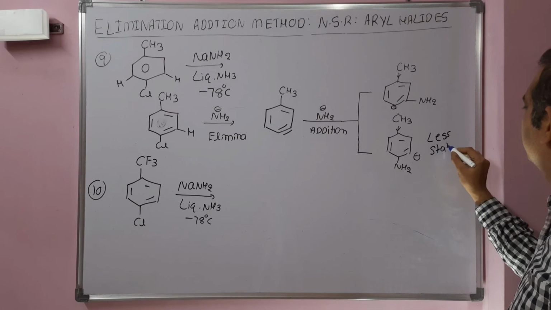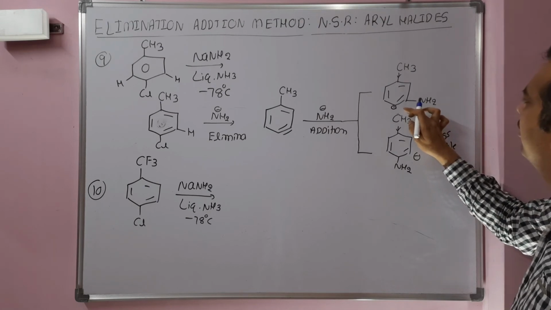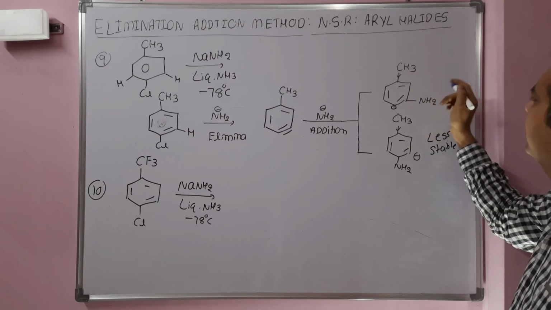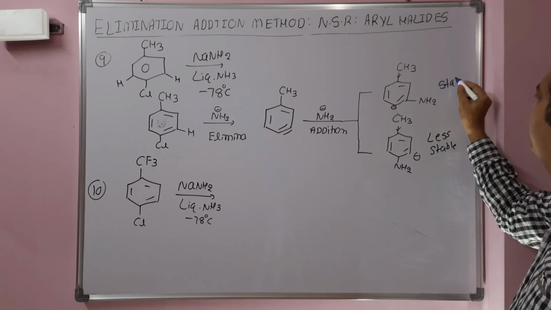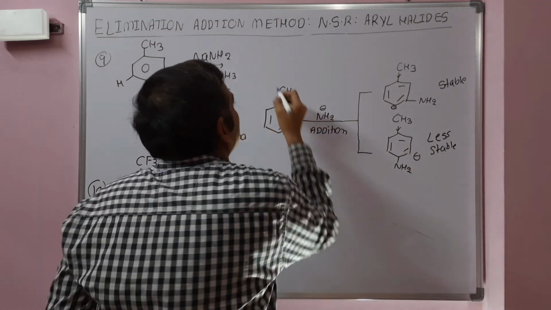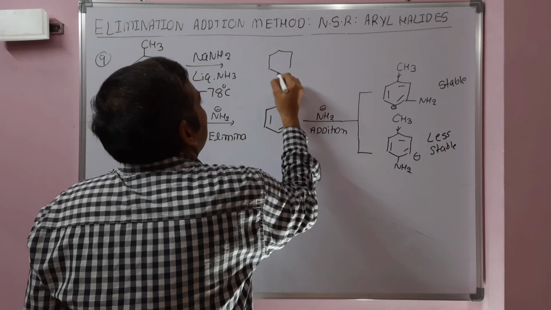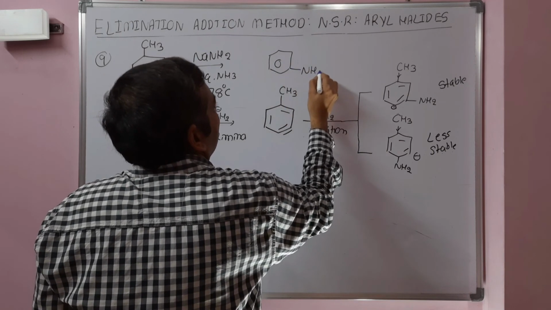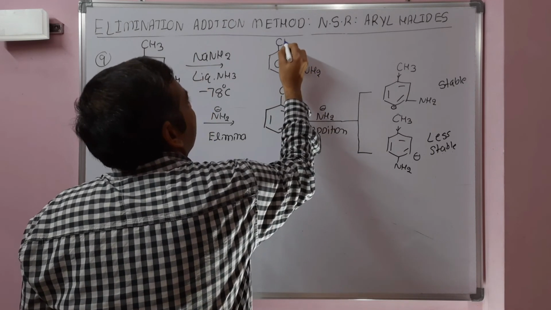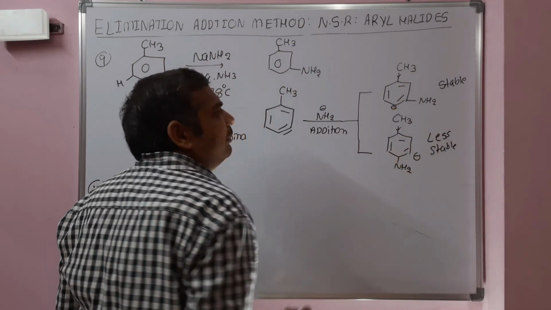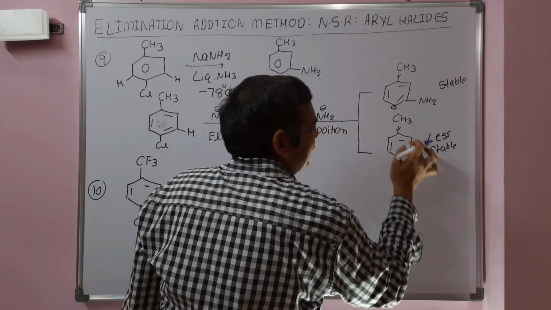Whereas here the carbanion is far away from the plus inductive effect group. That means this is stable. That means the major product is m-toluidine in the first case. NH2, m-toluidine, CH3. Why? Because the plus inductive effect group stabilizes the carbanion when far, whereas here it destabilizes when near.